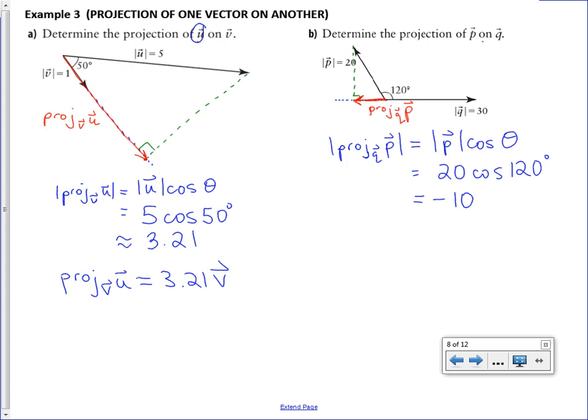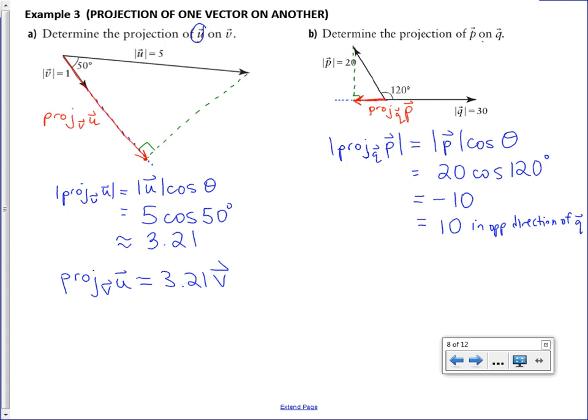But technically, another way of saying this is 10 in opposite direction, right? It's kind of giving you that extra little piece of information. So 10 in opposite direction of Q. So really the projection should be 10, and the negative's telling you the fact that it's going in the opposite direction of vector Q.